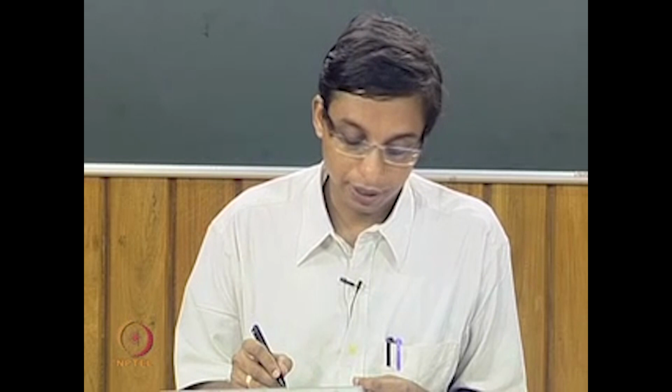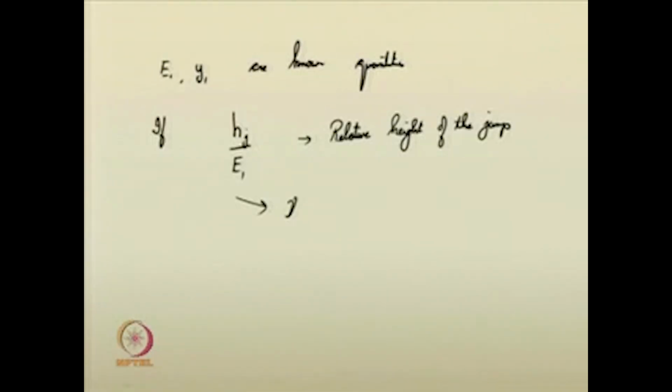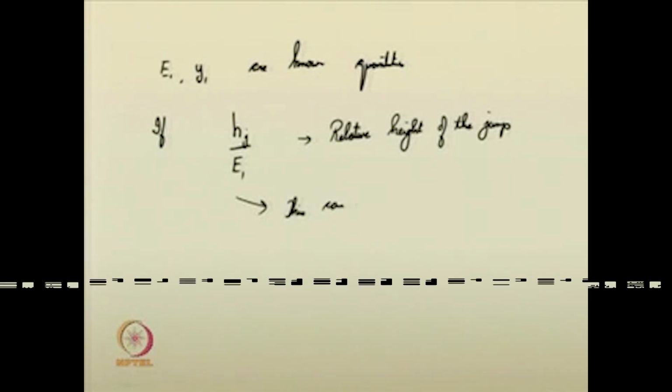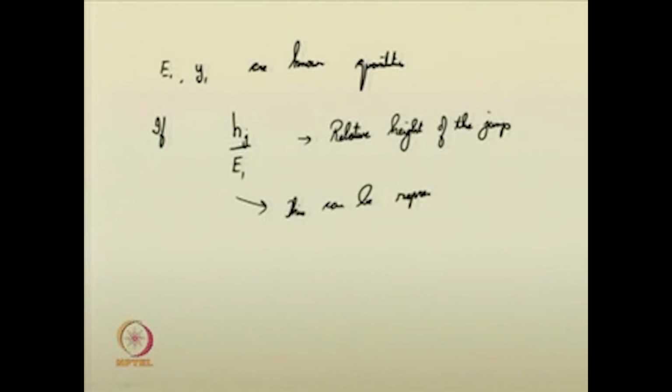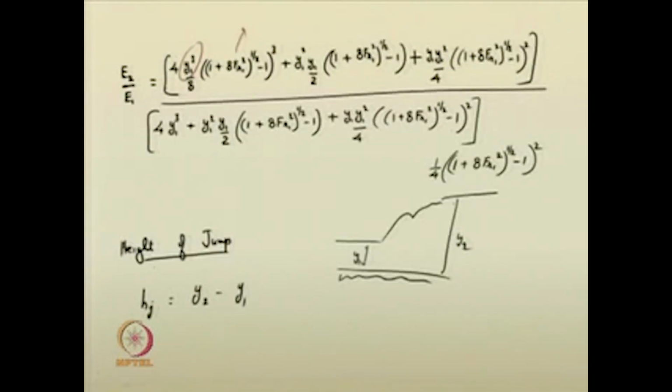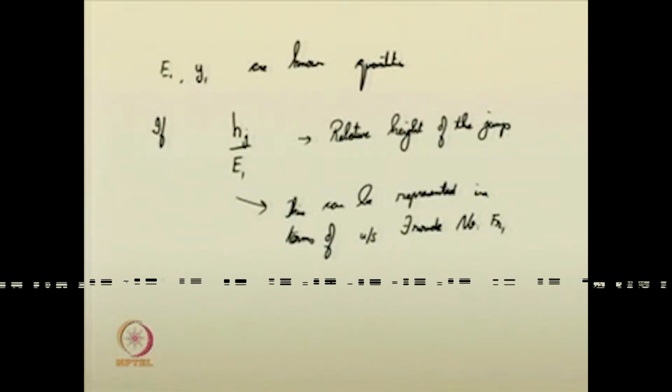Again, this quantity, the relative height of the jump, can be represented in terms of the upstream Froude number FR1. I am not deriving that; you have already seen for the efficiency how one can derive these quantities. In a similar approach you can derive this quantity also.